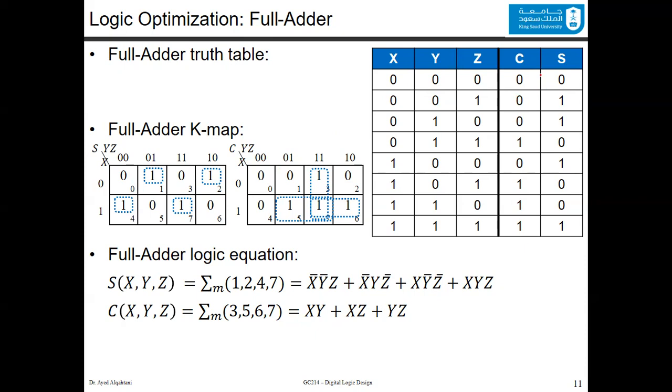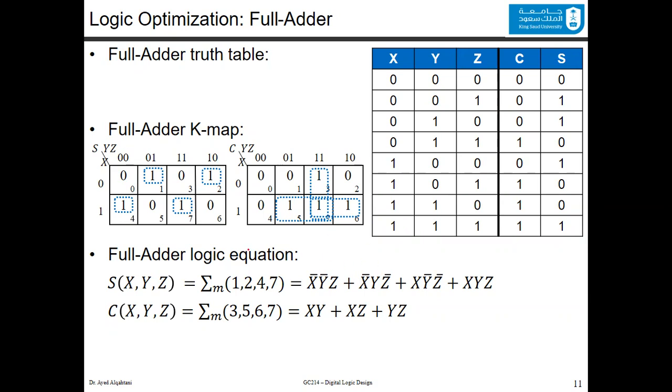For the sum, we start by filling 0, 1, 1, 0, 0, 1, 1, 0, and then 1, 0, 0, 1, 1, 0, 0, 1. And you can see that this is also the chessboard again. So it's the XOR of three variables, X, Y, and Z.